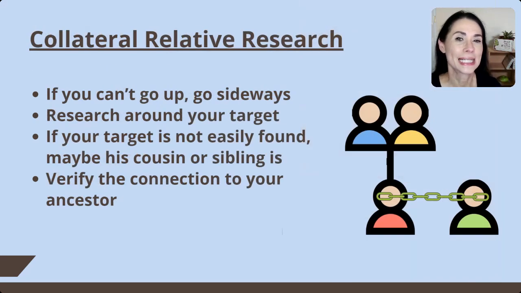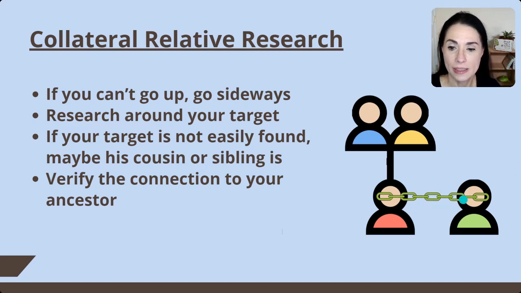If you haven't done collateral relative research, you may not have found everything yet. If you are looking at your ancestor and, for example, let's say that you want to know who their parents were, but you can't figure it out.